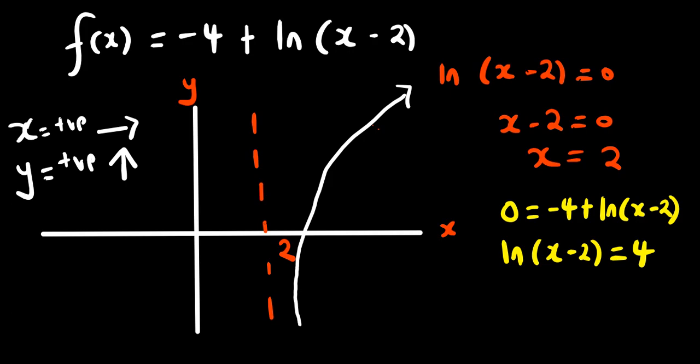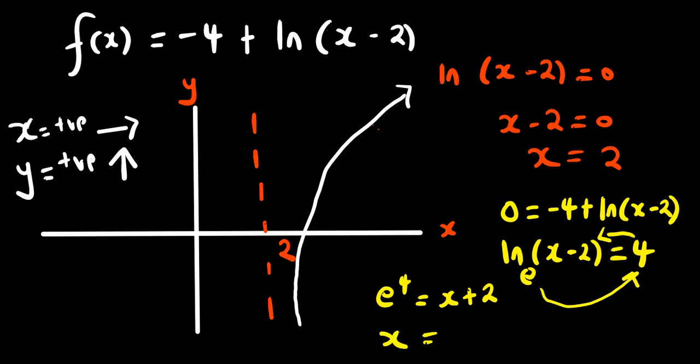Now, you know that natural log is just the logarithm to the base e. So to convert it to exponential form, this expression will be equal to e to the power 4. So I have e to the power 4 equals x minus 2. For me to remain with x, I'm going to take the 2 to the other side.